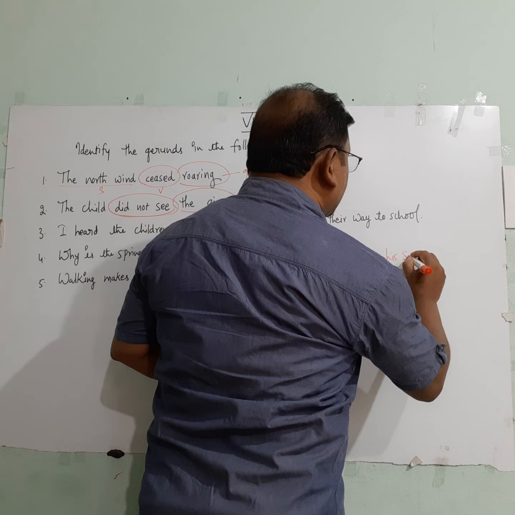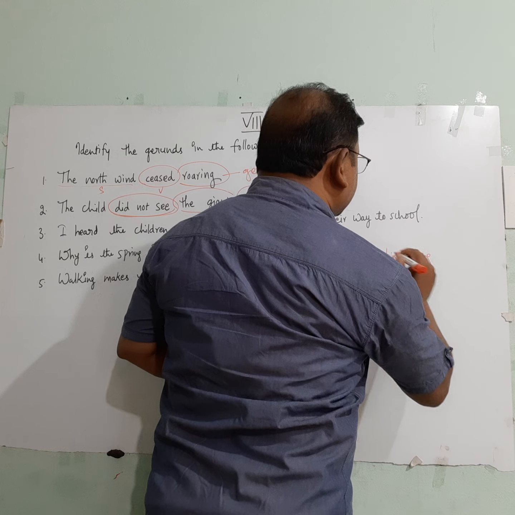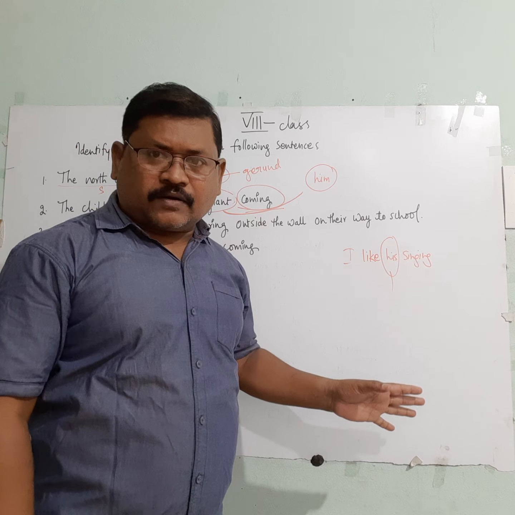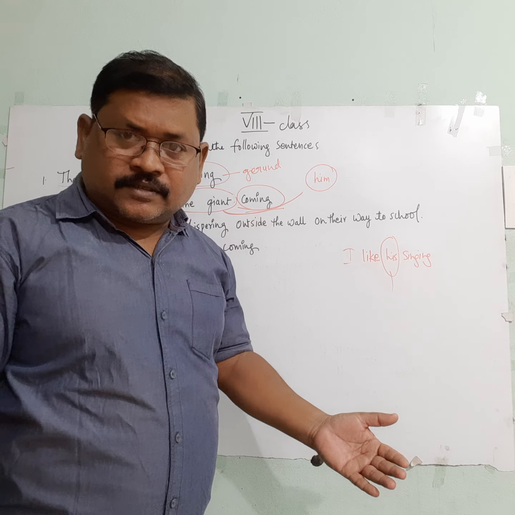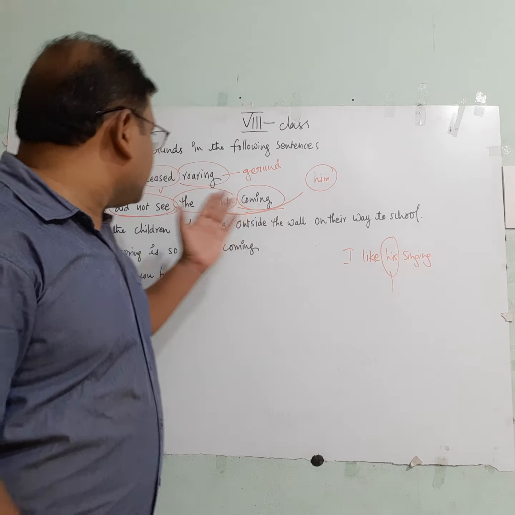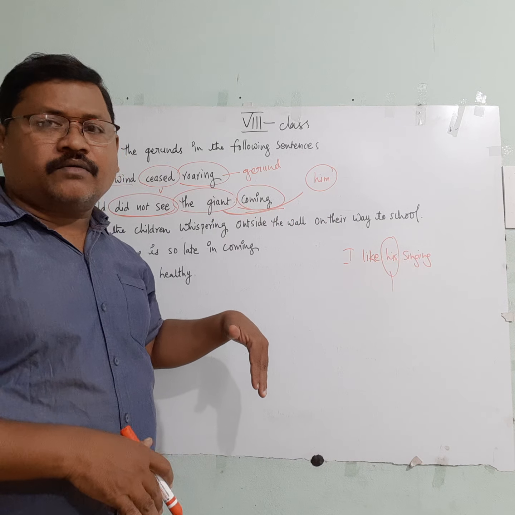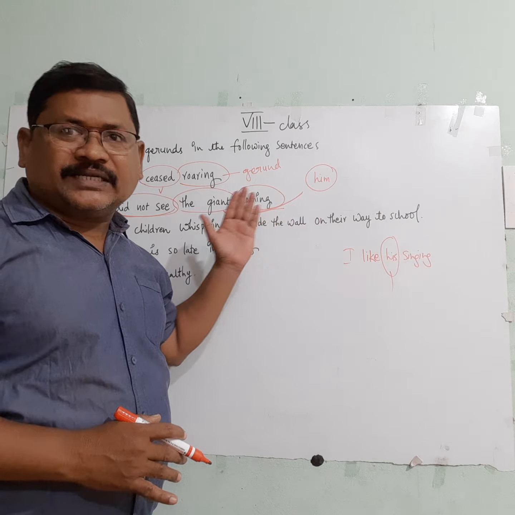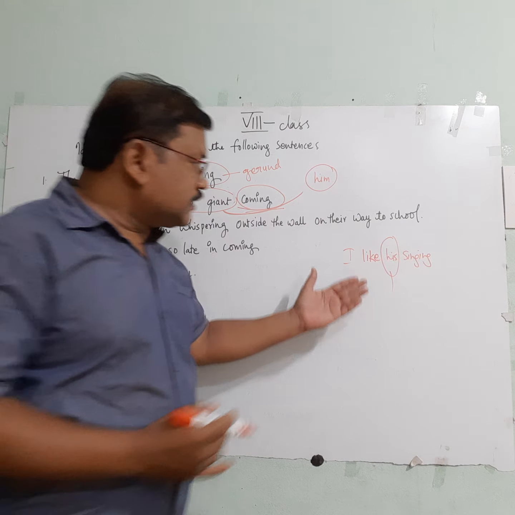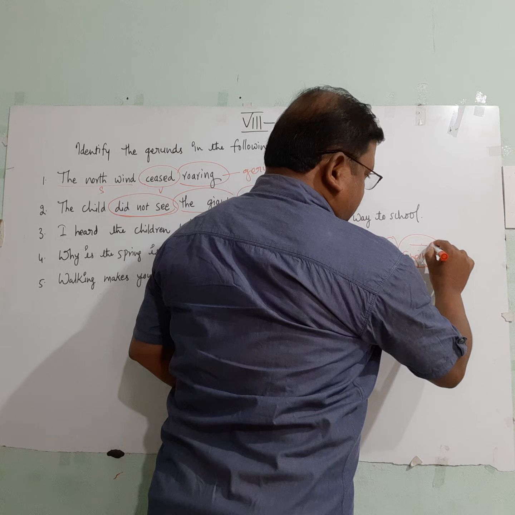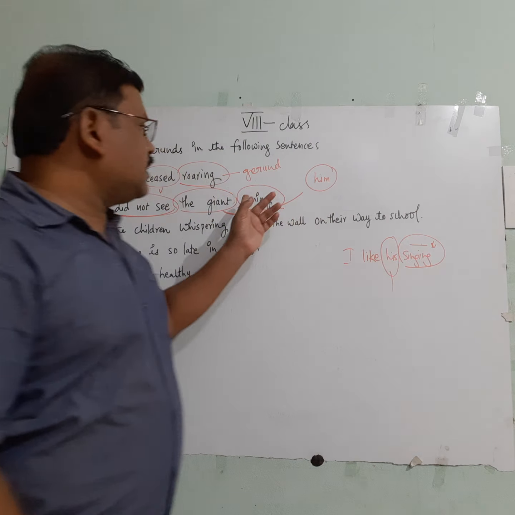I like his singing. Here his is the pronoun, it is in possessive case. This singing is gerund. But in our sentence the giant means him, and it is in objective case, so it is not gerund.